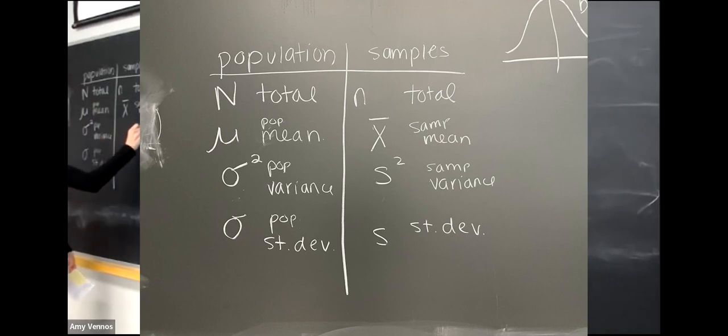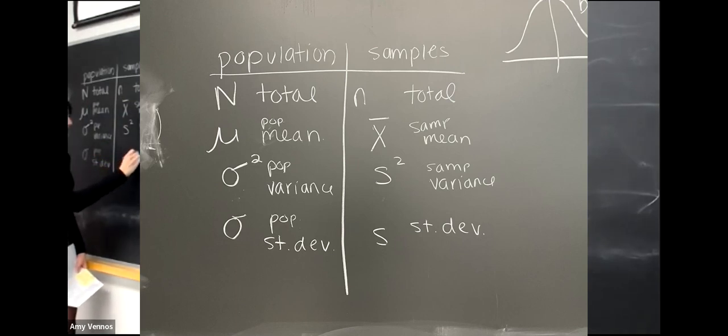Okay. We have sample variance. It's S squared, okay? So you can remember it because population variance uses the Greek symbol sigma. So it's like the first letter of the Greek symbol, okay?